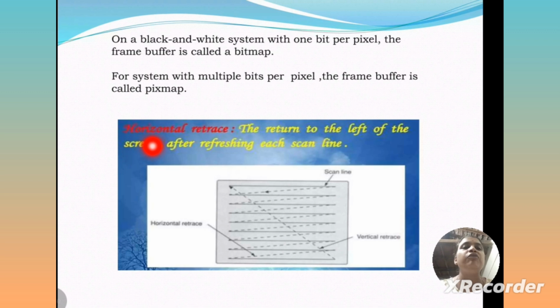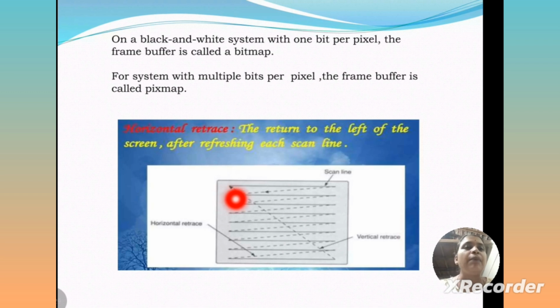So we have to concentrate on two terms. One is horizontal retrace and the next one is vertical retrace. The return to the left of the screen after refreshing each scan line. So my electron gun is going to produce a beam of electrons, and that is going to pass one row at a time.